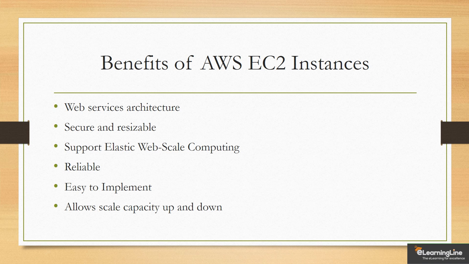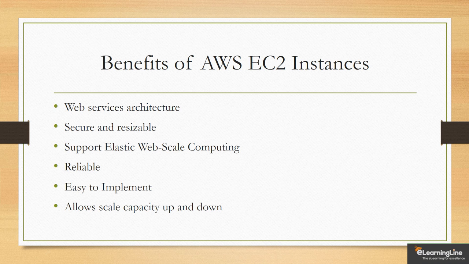It is nothing but just a web service that provides a secure as well as a resizable compute capacity. Now, when I say a web service architecture, what does that mean? Whenever we say a web service architecture, that means you can launch the cloud computer or a cloud instance through your website, through the web service APIs, through the REST APIs, through the C sharp code, through the Java code.